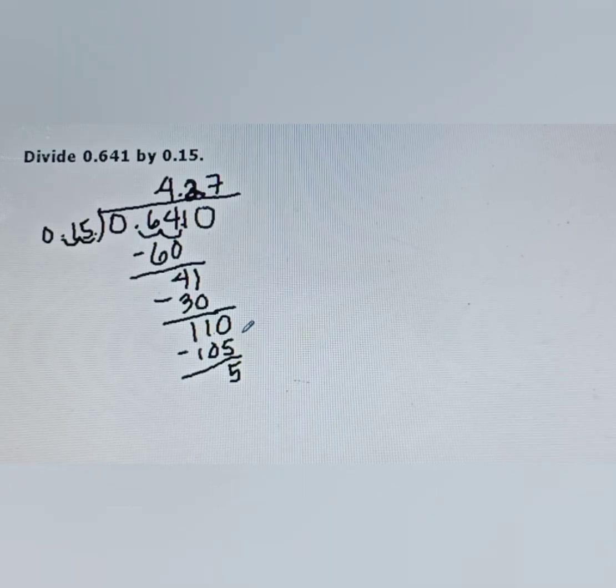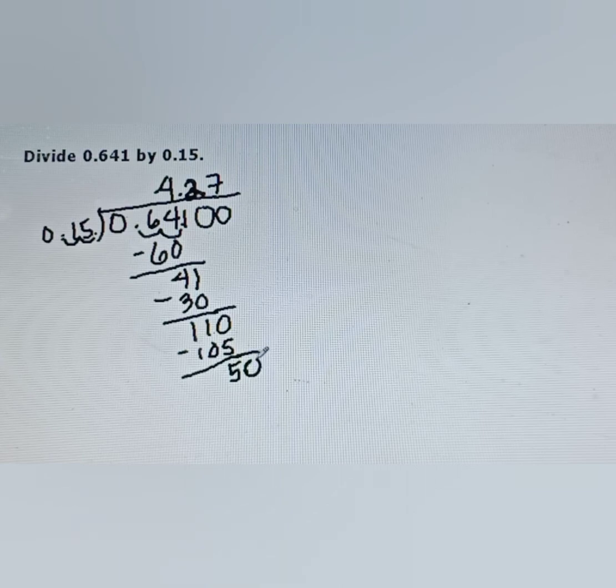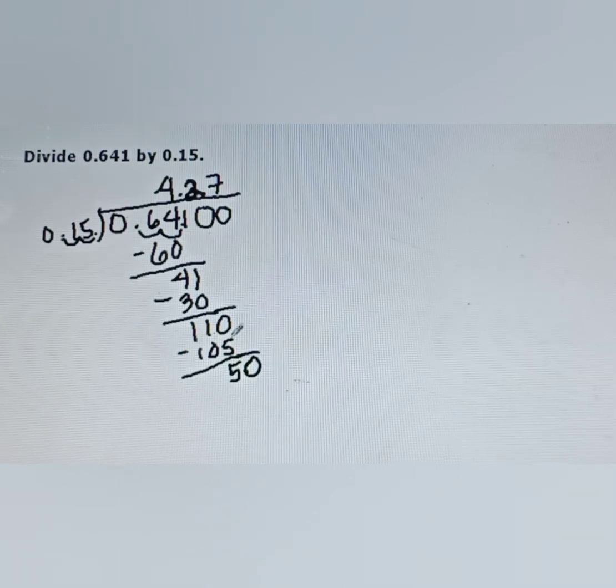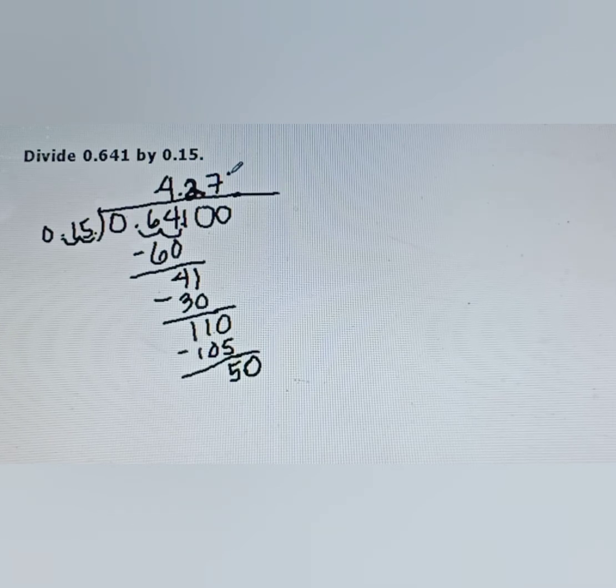Again, I said we cannot have a remainder when we divide decimals. So what will you do again? Continue, add 0. Bring down the 0. Let's extend this one. So it's now 50. So 50 divided again by 15. How many? There are 3, right? It's 3 because 3 times 15 is 45.